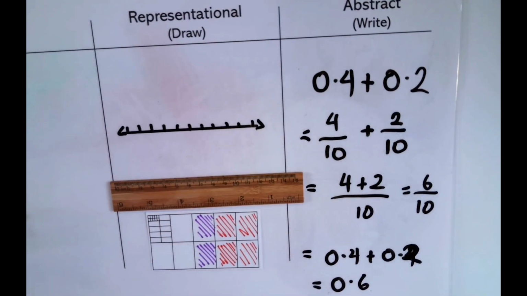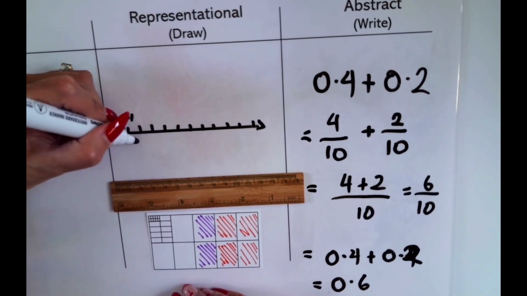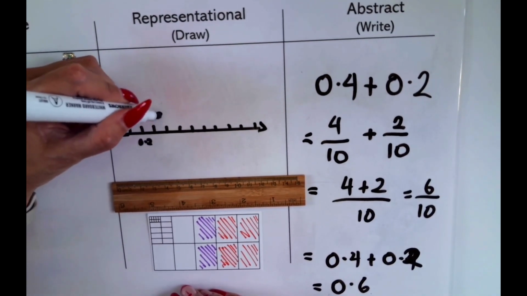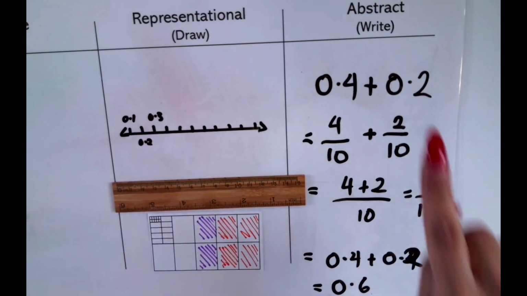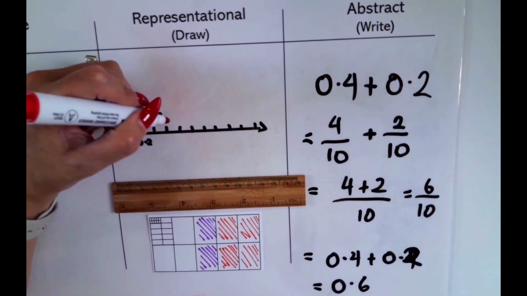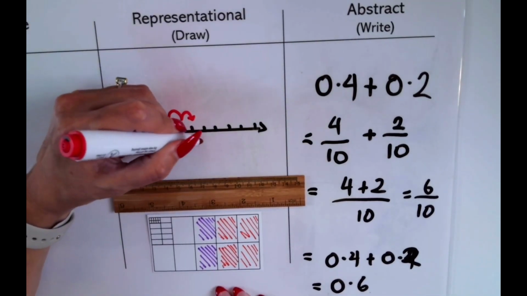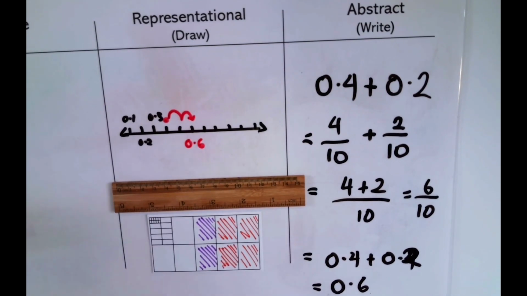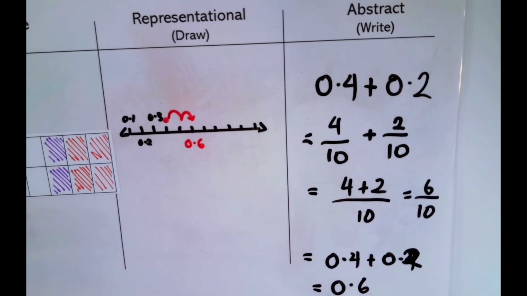I'm not going to label them because I don't have a lot of room, but you are going to get the students to label them all the way across. And then beginning at 0.4, and I'm going to add 0.2, and I'm going to end up at 0.6. So get them to use all three methods and approaches to work out what that addition is.